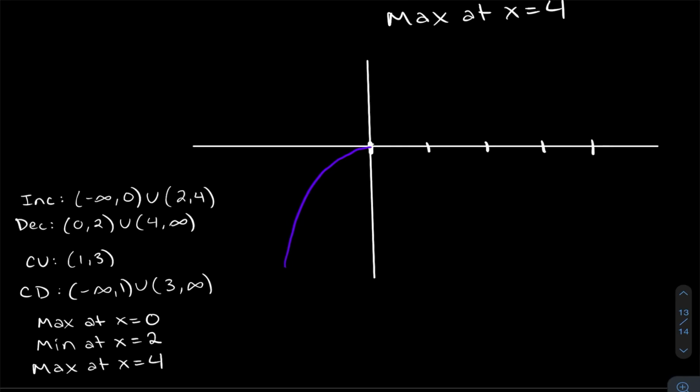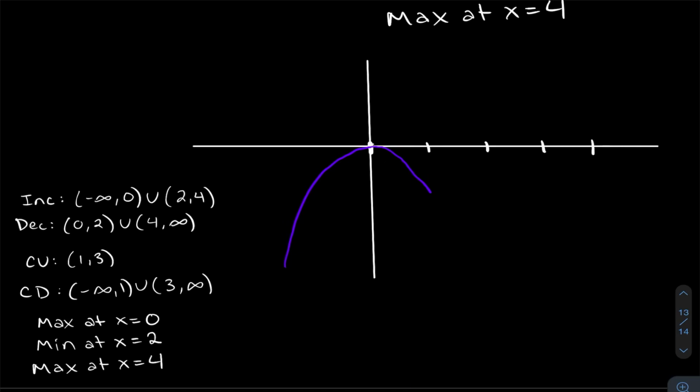And from 0 to 1, we're still concave down. So we're still curving down, but now we are going to be decreasing. So we'll turn around here, come to 1, still concave down, but now we're switching concavity, finally. We're going to concave up from 1 to 3. And during this time, from 1 to 2, we are still going to be decreasing.